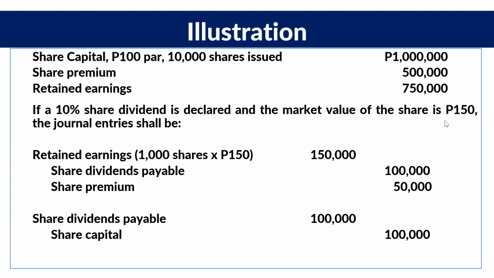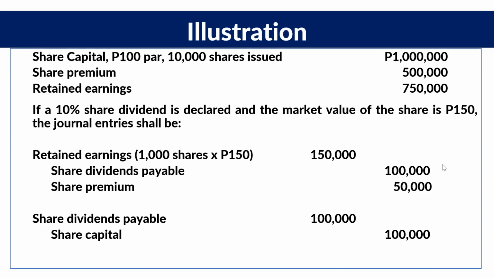So the 1,000 shares, we multiply it by 150. So we have a debit to retained earnings of 150,000. And then credit share dividends payable at 100,000. And the excess, we credit to share premium at 50,000. So again, this is during the date of declaration.